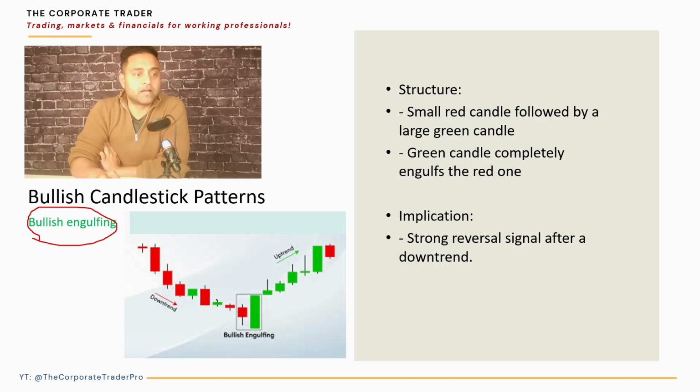If there is a downtrend and after a red candle, a green candle forms and it totally engulfs the red candle, then it is called a bullish engulfing candle. Up to here there was selling pressure. However, at this point, when the price went below this candle, buying pressure came in, correct? And this candle ended above the previous red candle. So it basically tells us that buyers have now started entering the trade.